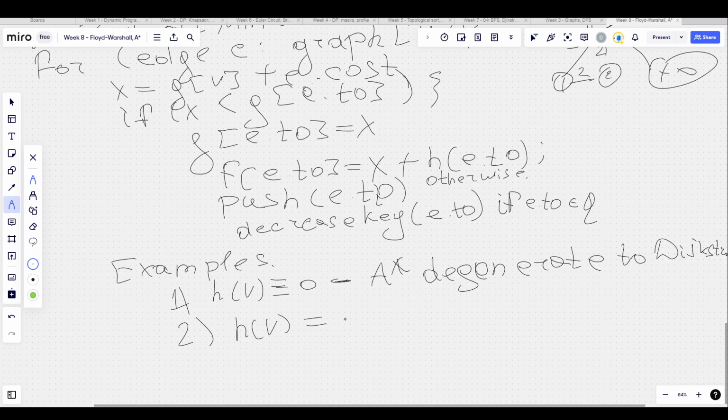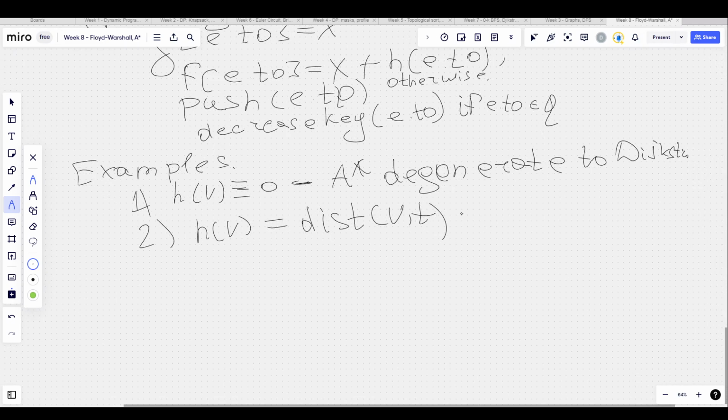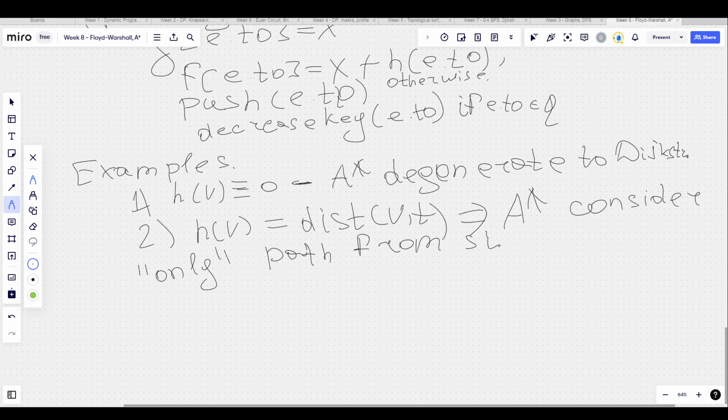When h equals the true distance dist(v, t), that is the ideal heuristic function. It is non-formal, we consider only the path from S to T. Why is it not formal?